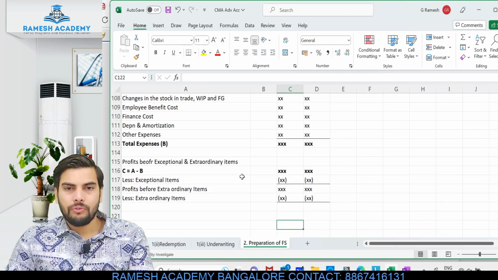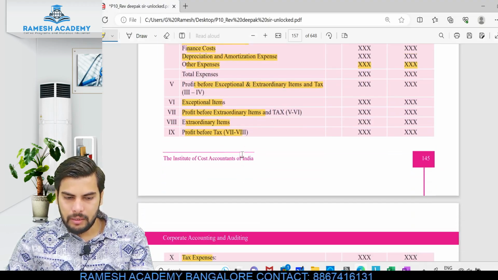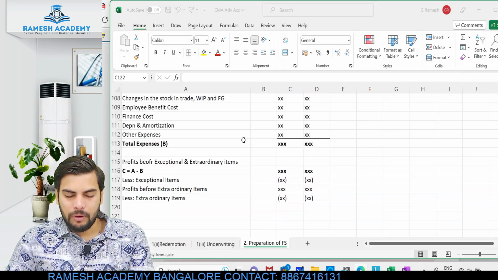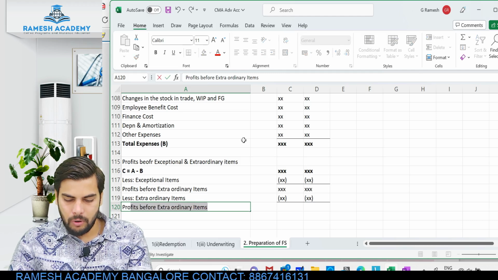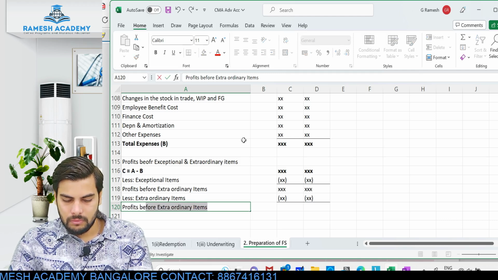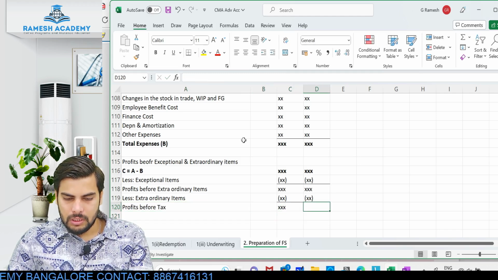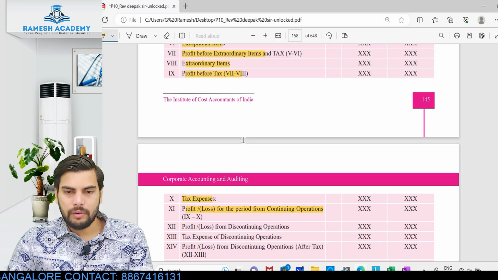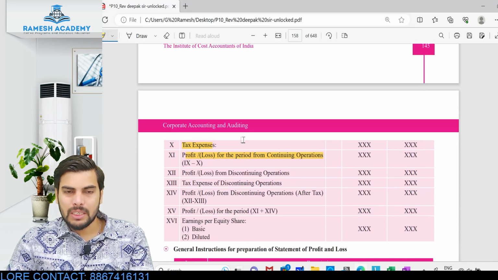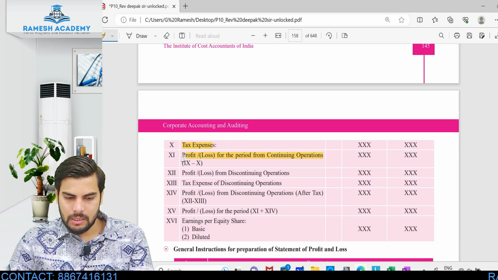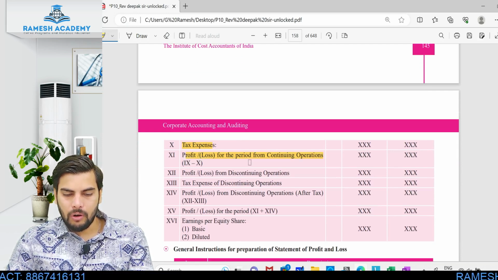Look at this. From this, I'll be deducting extraordinary item. What do I get? I get profit before tax. So whatever amount I get over here would be treated as profit before tax. From this, I'll be deducting the tax expenses. What do I get? I get the profit or loss for the period from continuing operation.